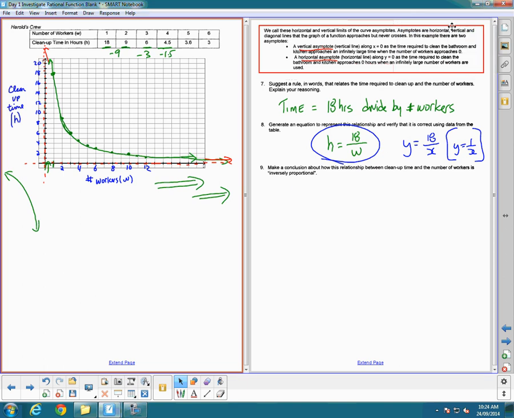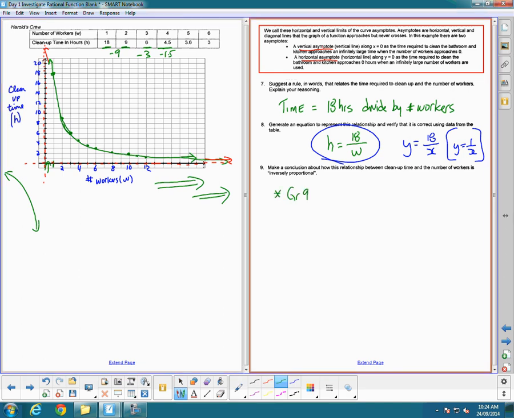So we make a conclusion about how this relationship between cleanup time and the number of workers is inversely proportional. Well, it really goes back to what I've already mentioned. In grade 9, you had proportional relationships, stuff like y equals 18x.